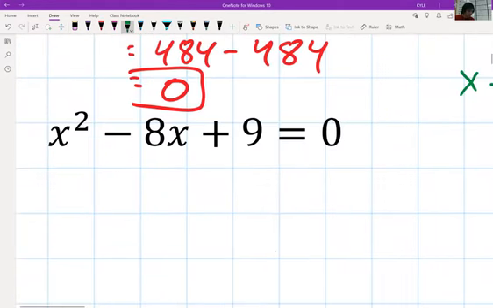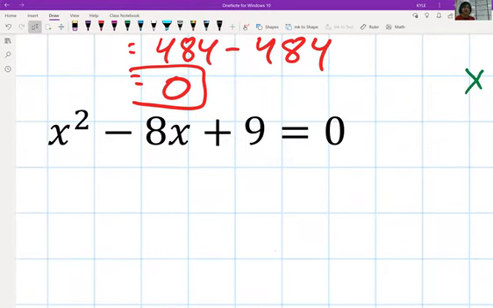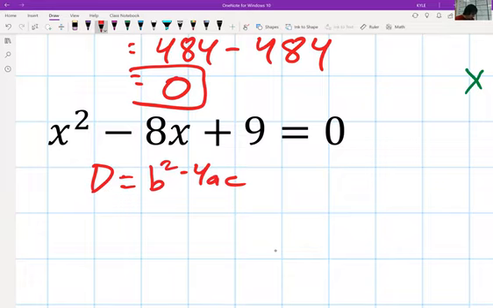All right, couple more. Find the discriminant of x squared minus 8x plus 9 equals 0. Discriminant, b squared minus 4ac. So, negative 8 quantity squared minus 4 times 1 times 9.